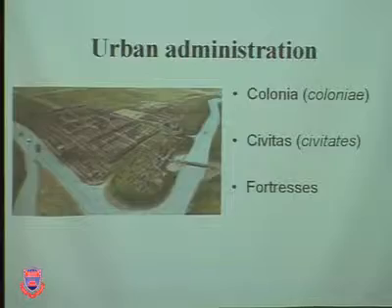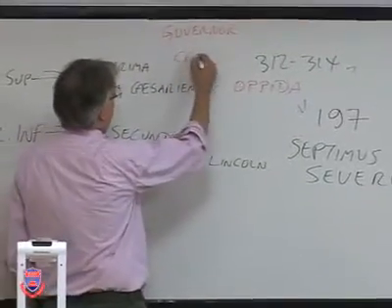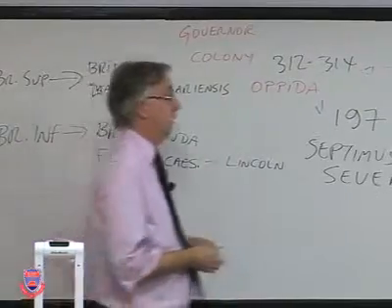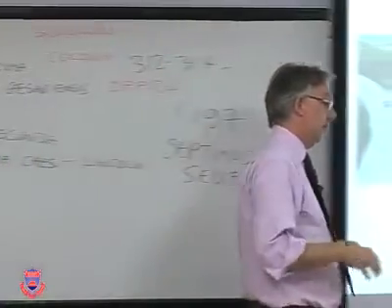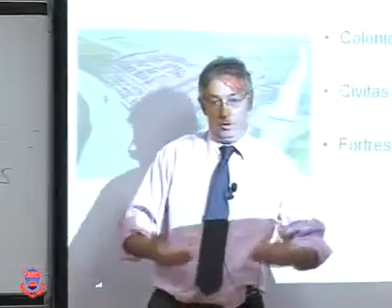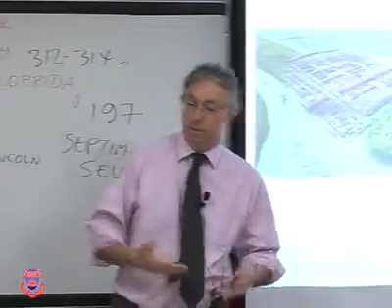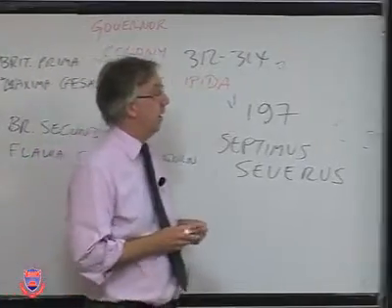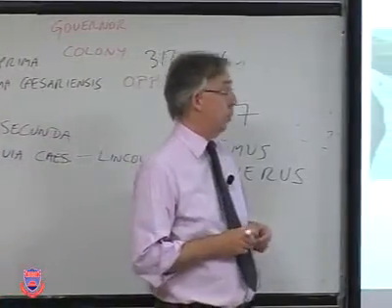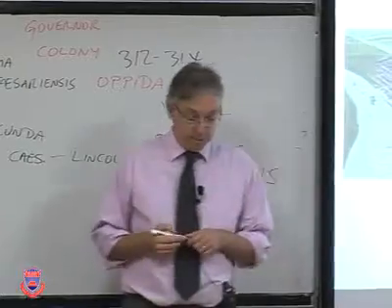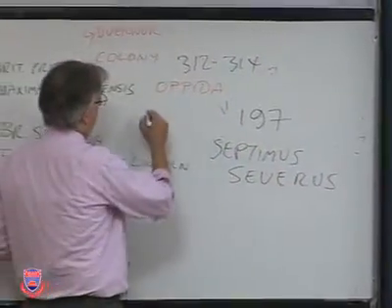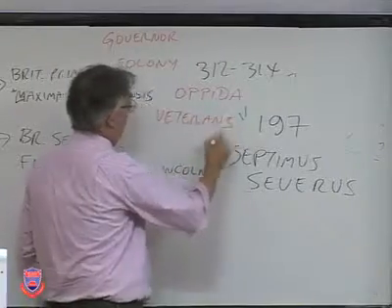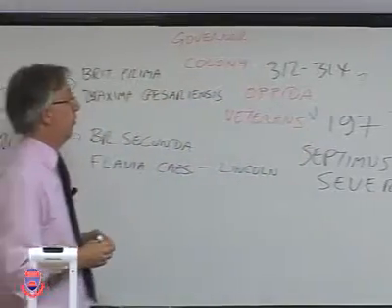A colonia, which is where we get the English word colony from, of course, is a created new settlement, and that's what the English word means to this day. You set up a colony in a new place. And very many of the coloniae in the Roman Empire were set up often using veterans, retired Roman soldiers.